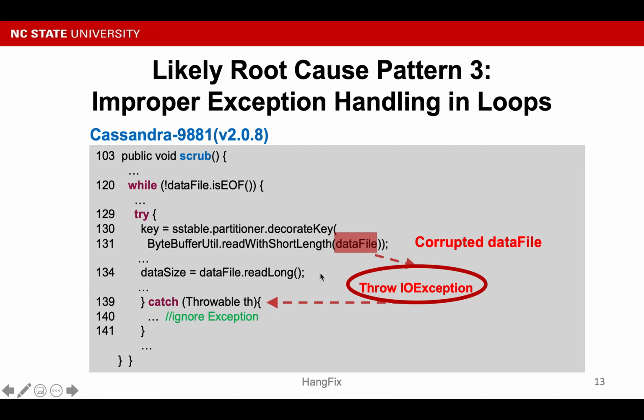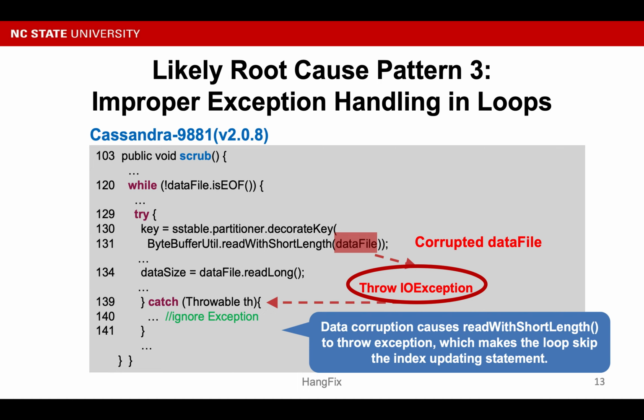Also, it skips the execution of the read long function. These two read functions both contain loop index forwarding operations. Then the while loop keeps reading data from the same location. The infinite loop happens then.